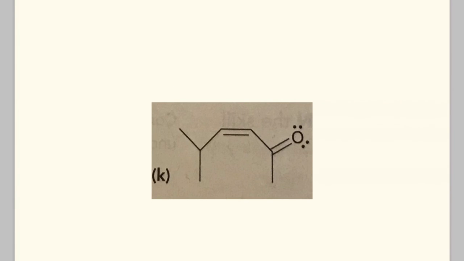Here's another structure, and so again we just start off by any ends of a line is going to be a carbon atom, any intersections are carbon atoms, and any bends in the structure are carbon atoms. Remember, carbon is always tetravalent, so we draw enough tick marks and add in H's to each of the carbons to make sure that they all have 4 bonds to them.